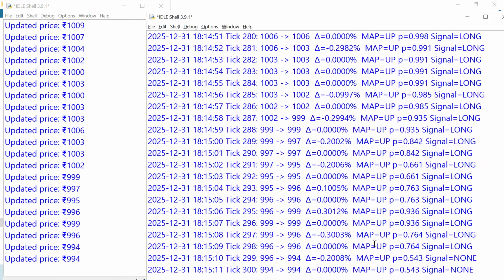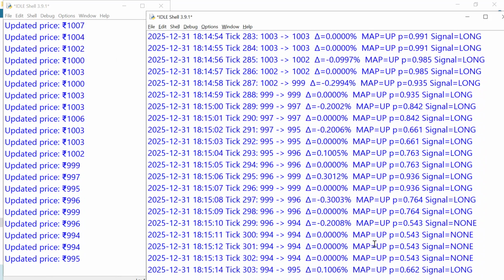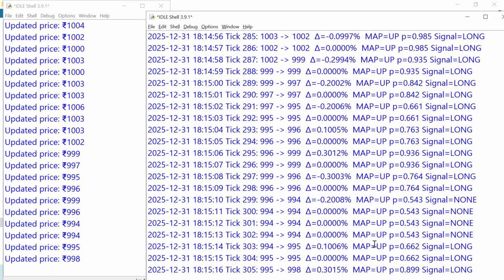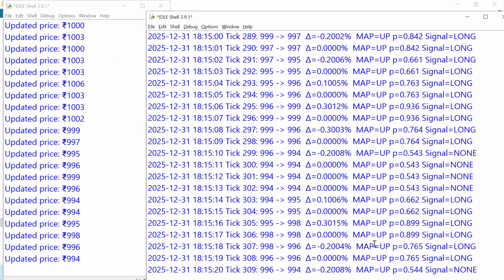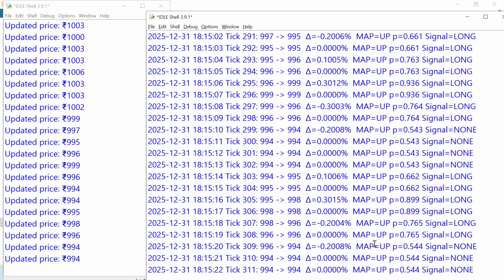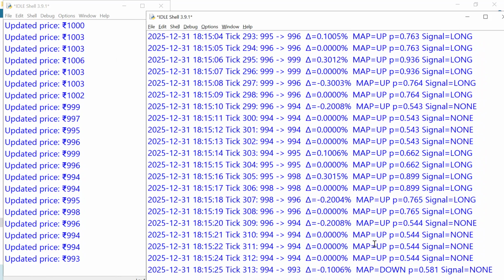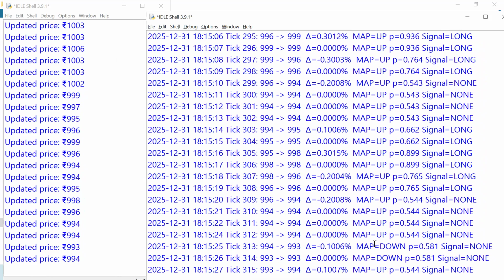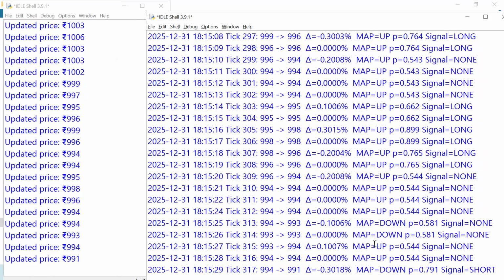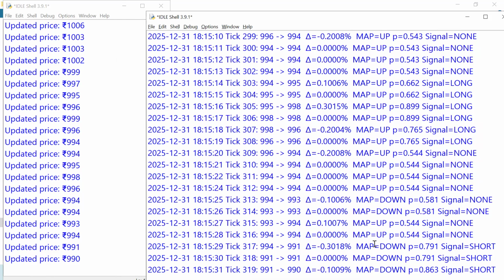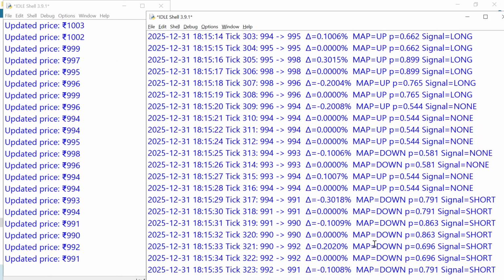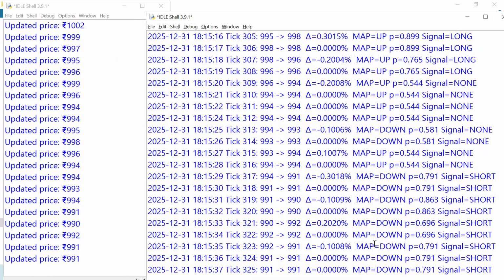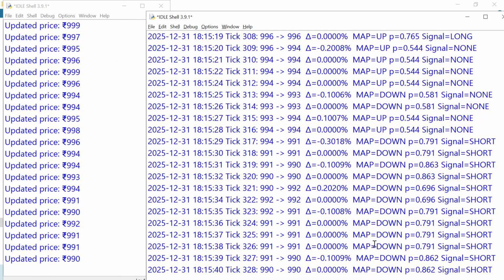On 994 it's saying the signal is none. Then again the signal has changed to long. Now it's none, so it's saying come out of the long. The market is not predicting, so go for a short. It says go for a short at 991, so now the trend has changed.